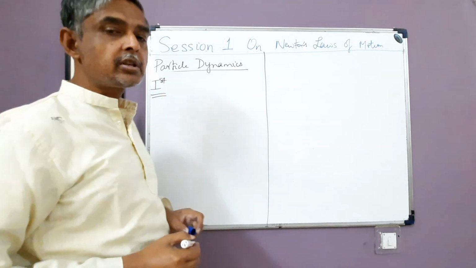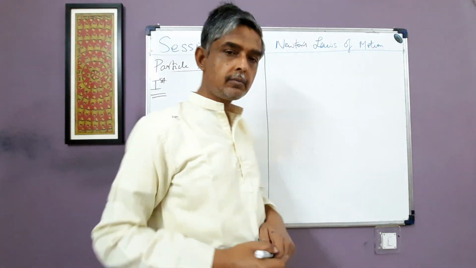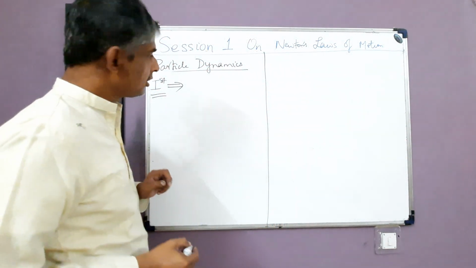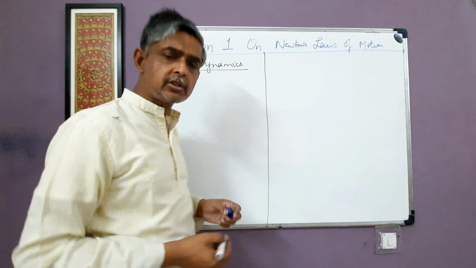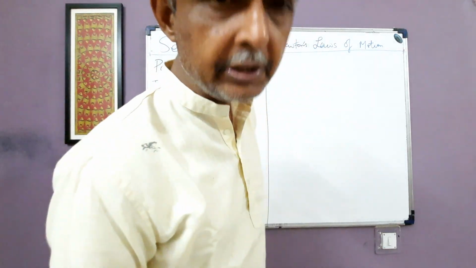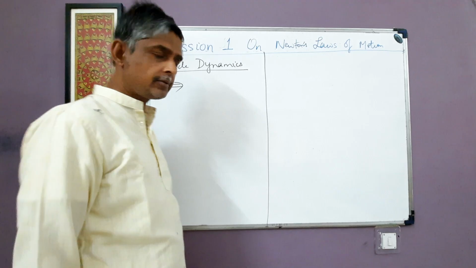So the first topic which we will discuss is the theoretical discussion on Newton's three laws, especially the first law. We'll just now see that there are some errors in Newton's first law, which were corrected later by Euler 150 years later, and then it was found to be correct.